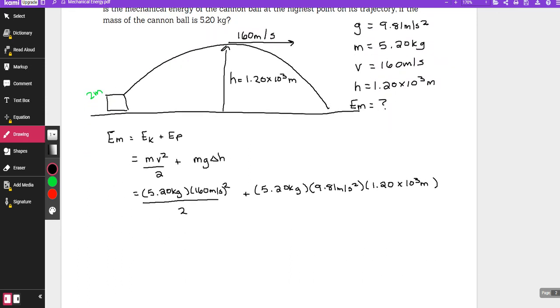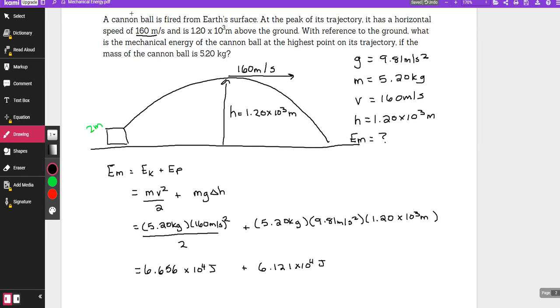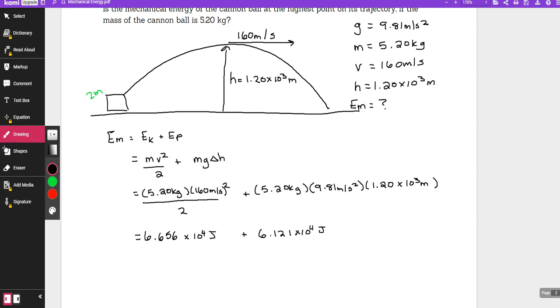Okay, so then we calculate this out. Our kinetic energy is going to be 6.656, and I have a few extra sig figs here because it's an intermediate calculation. 6.121 times 10 to the 4 joules. So then if I look at this, everything is to 3. This one's 2, so we'll have to take it down to 2, which means that this is going to give us, what is that?